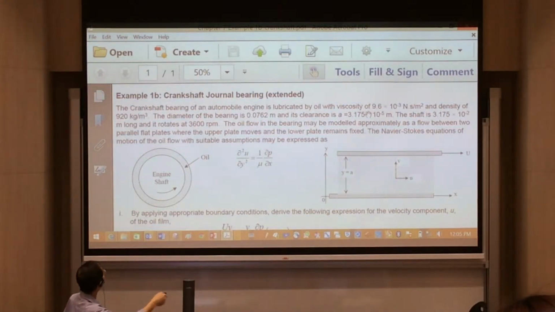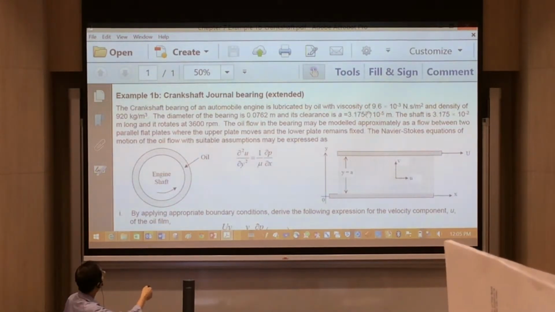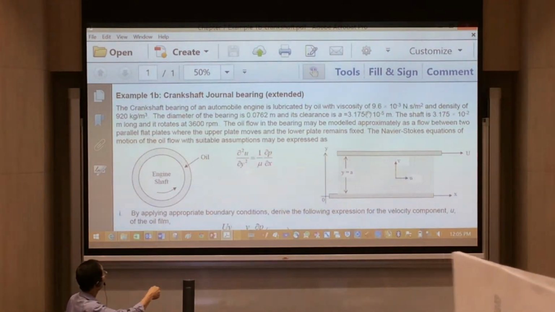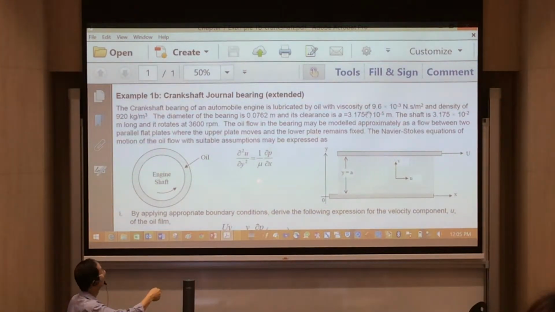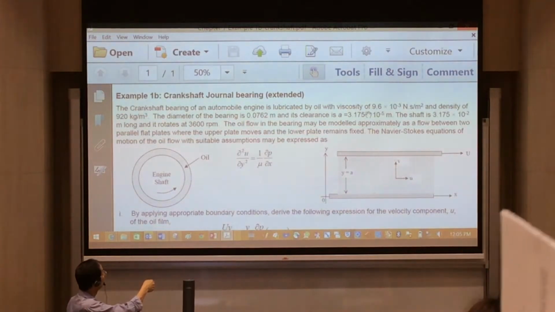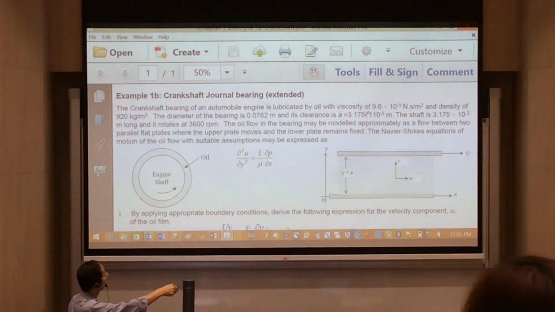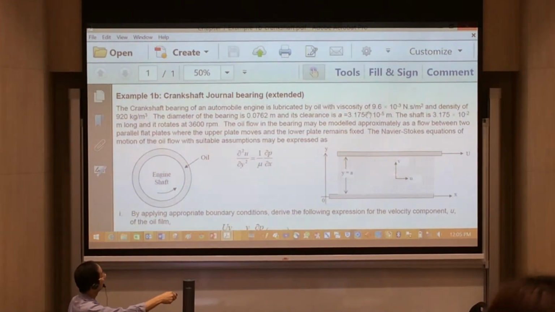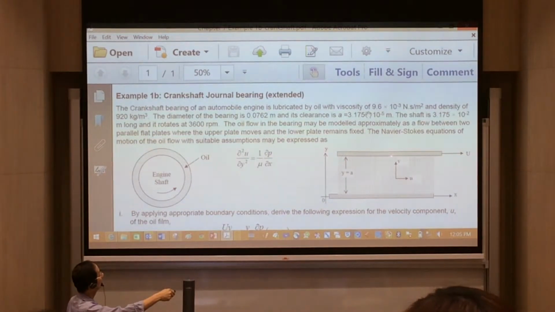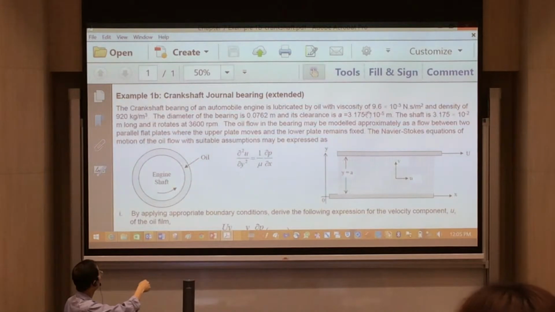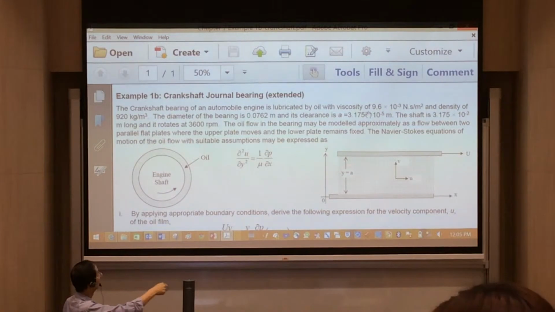The Navier-Stokes equation of motion of the oil flow, with suitable assumptions, may be expressed as d square u over dy squared equals 1 over mu, del p del x. This is what we are familiar with. The u component, and this plate is moving. This is actually the engine shaft for this part here, so there is the moving plate. This is the fixed plate.